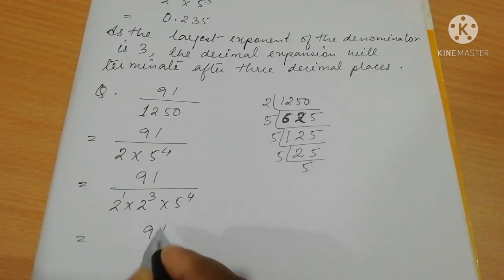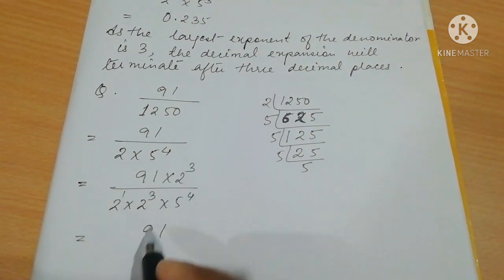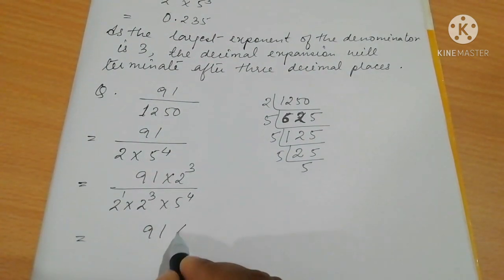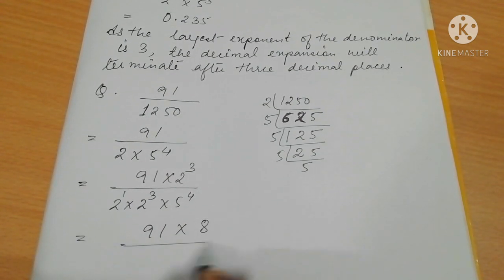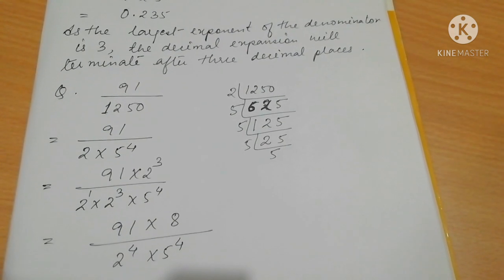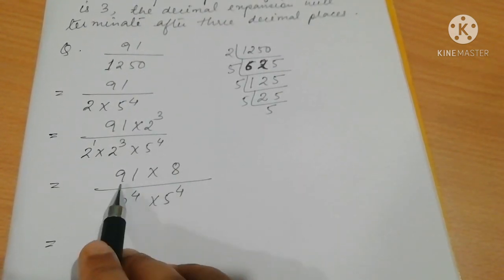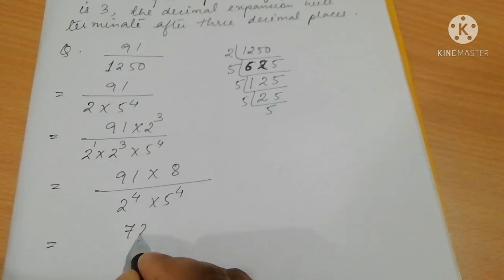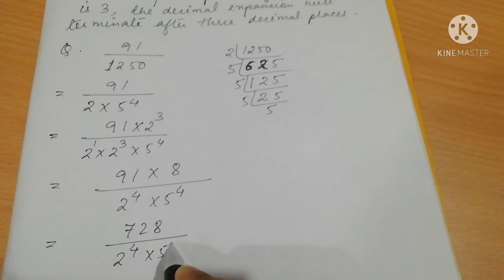So as I have multiplied 2 to the power 3 in the denominator, I need to multiply it in the numerator also. So 2 to the power 3, 2 2s are 4, 4 2s are 8. 91 into 8 is 728 by 2 to the power 4 into 5 to the power 4.